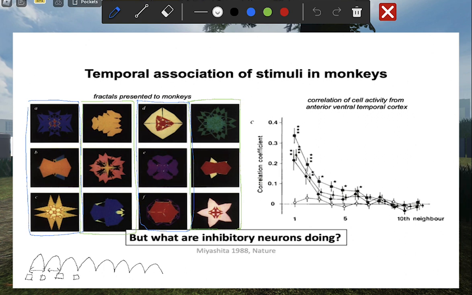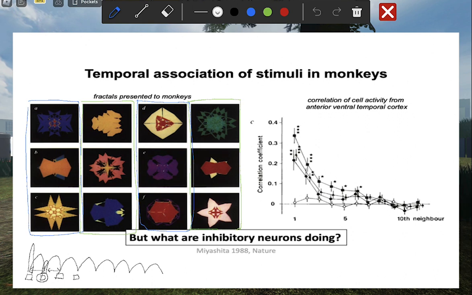He could see that the activities of this second fractal were already starting to become active when the first neuron's activity was happening. So when the first fractal was being shown, the second fractal was already starting to be expected neurally, and that's what this picture on the right shows.